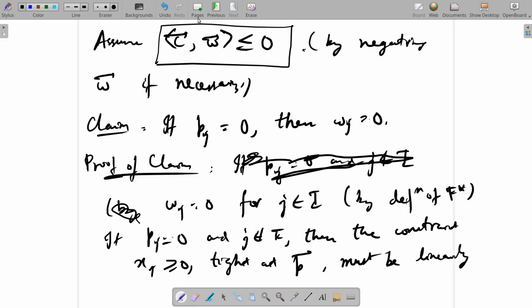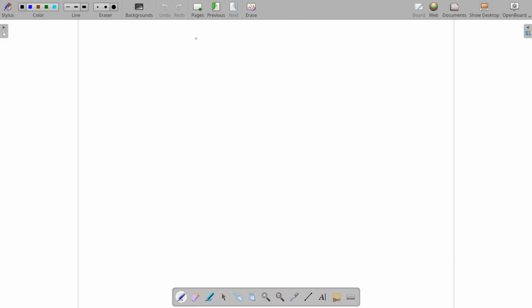Because if it were not linearly dependent, then you can always add it to S and increase the size of this set S, and S was the maximal such set. So that's why this constraint must be linearly dependent on the constraints in S.